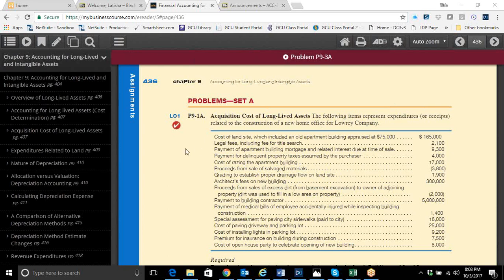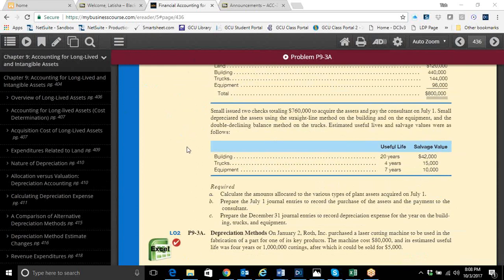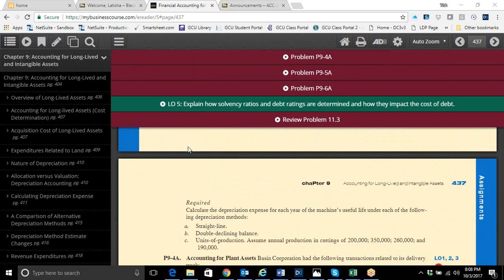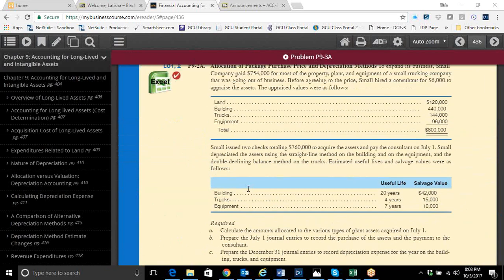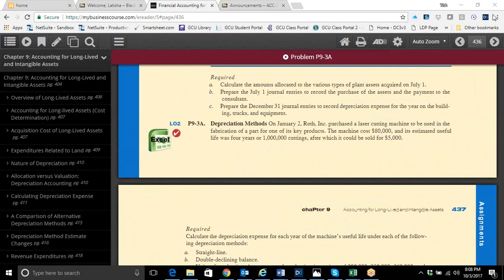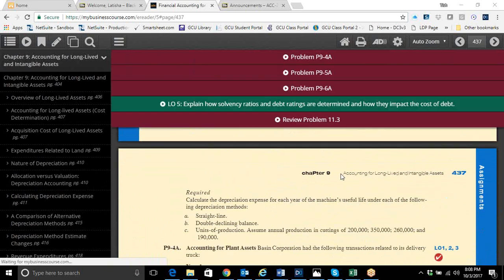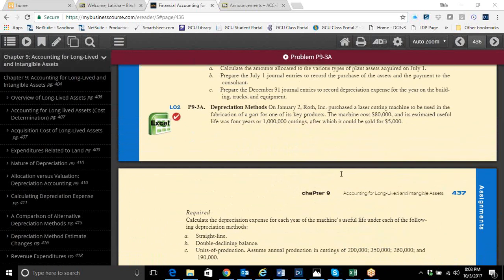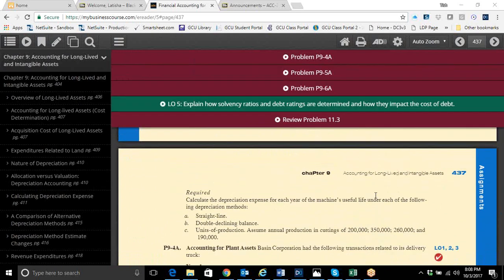Okay. All right, so problem 9-3A, let's take a look at it real quick. It's asking you basically, oh, what just happened? There it is. Okay. So 9-3A is asking you to calculate the depreciation costs via straight line, double declining, and units of production.